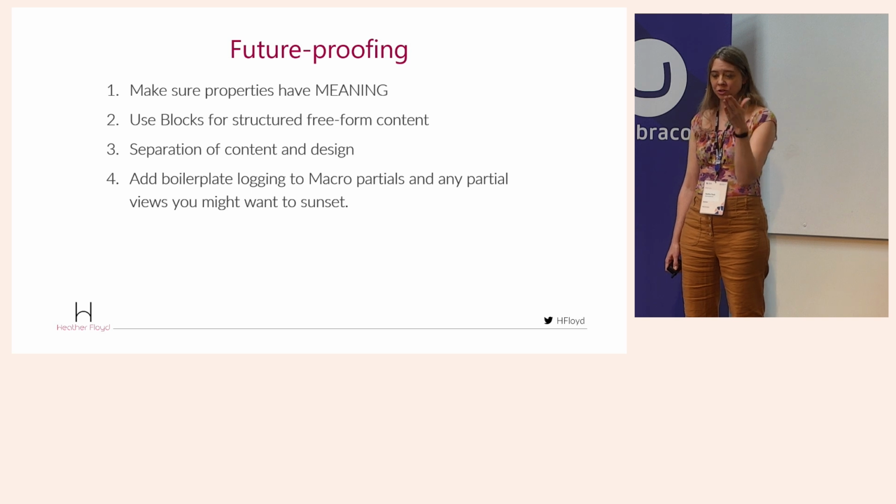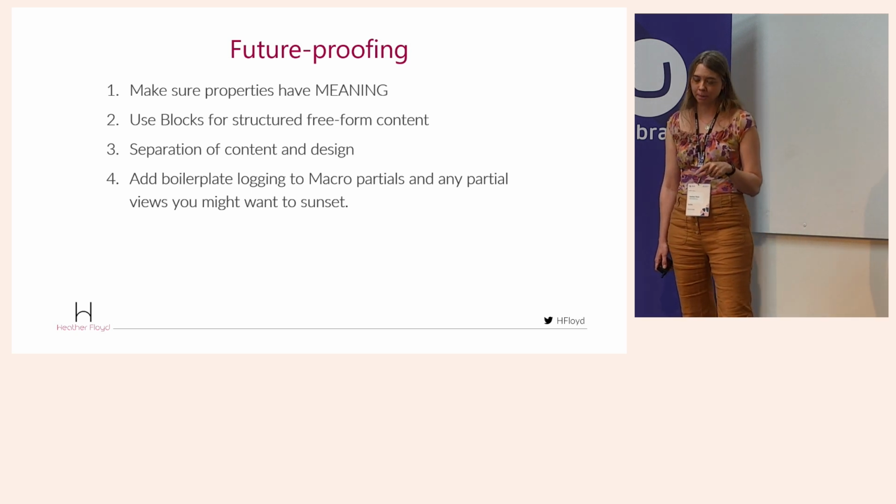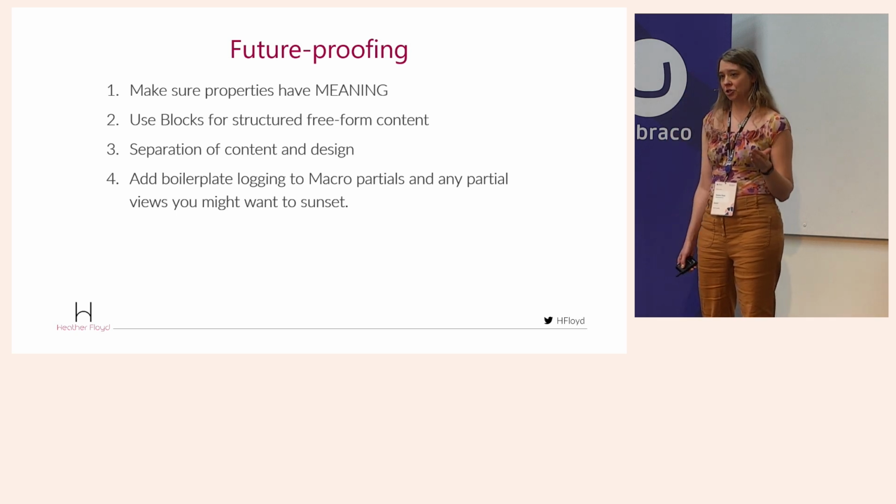Then every once in a while, you can pop into the Umbraco log and see where macros are actually getting rendered out. Sometimes they're not in templates, sometimes they're in RTEs, and unless you're clicking on every single content node, you're not going to find them all. And if you then decide to delete macros, that page suddenly blows up.